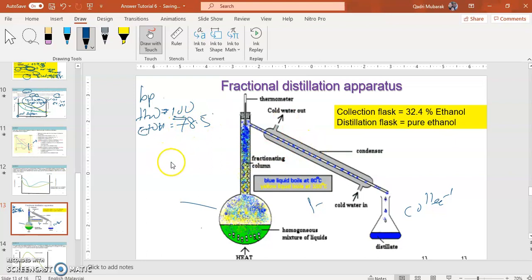So how to collect 95.6% here? How to collect?